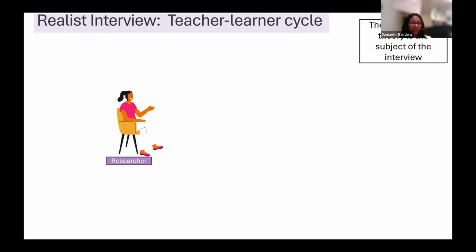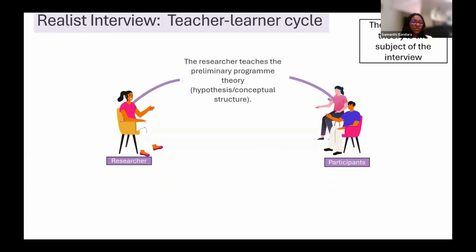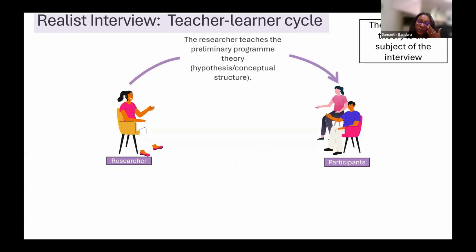First, this is me, the researcher. I'm going to meet the respondents, let's say disabled people. What I'm doing is taking the preliminary research, the program theory. We call it the hypothesis, which is under test.